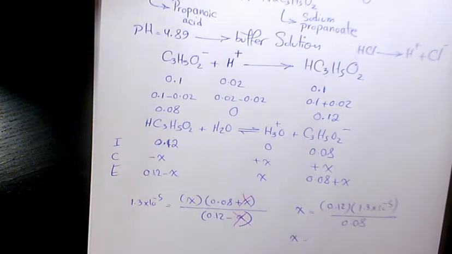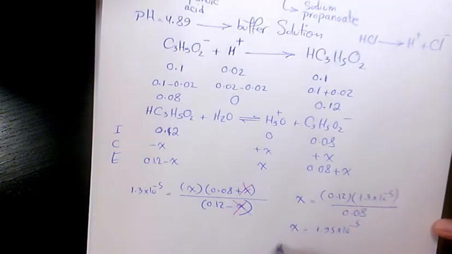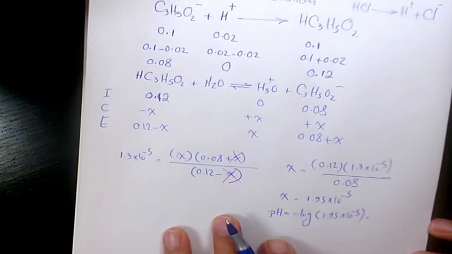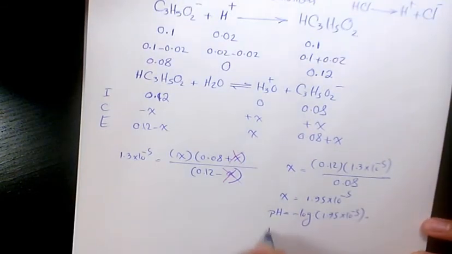So that's gonna be 1.95 times 10 to the power of negative 5. So pH will be negative log of 1.95 times 10 to the power of negative 5. It is gonna give me a pH of 4.71.